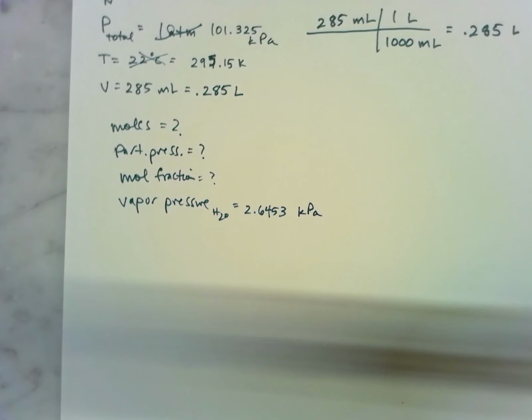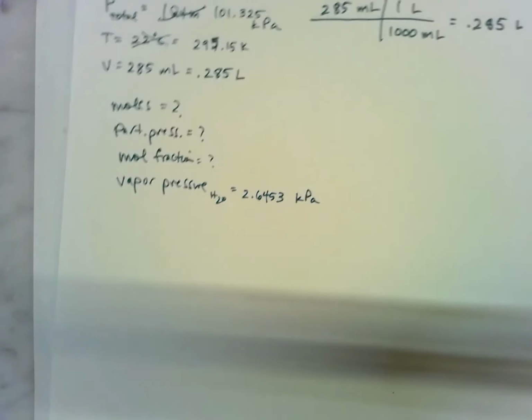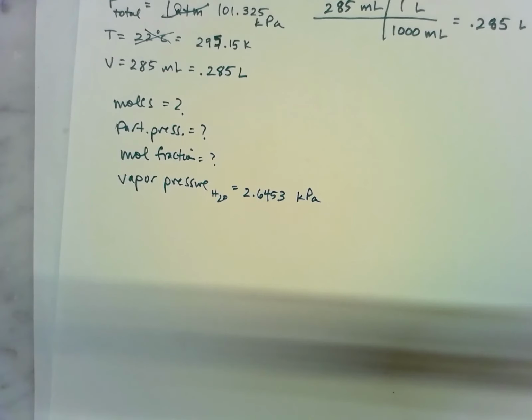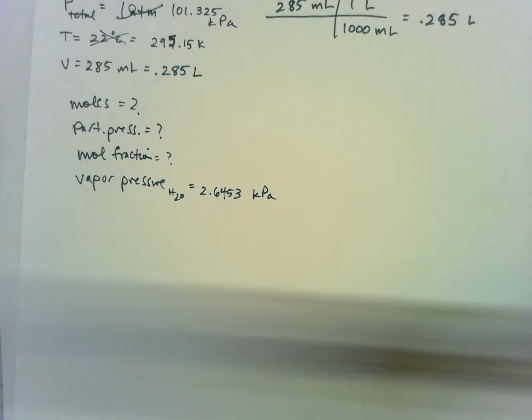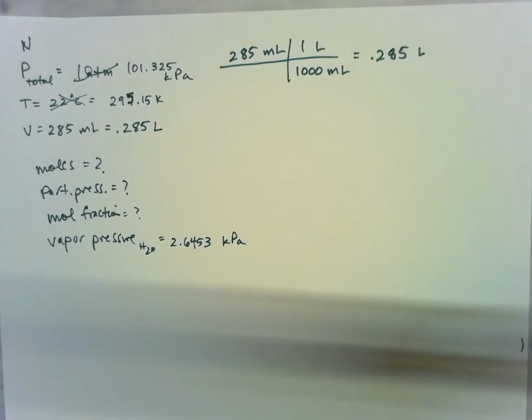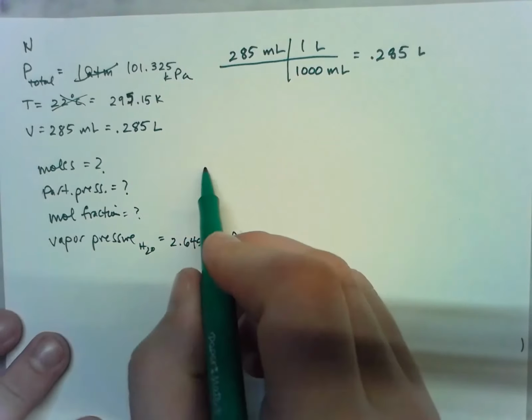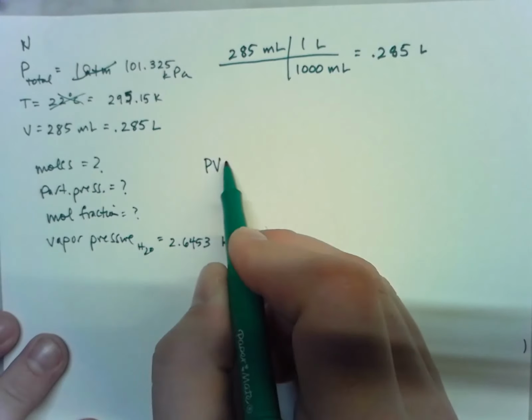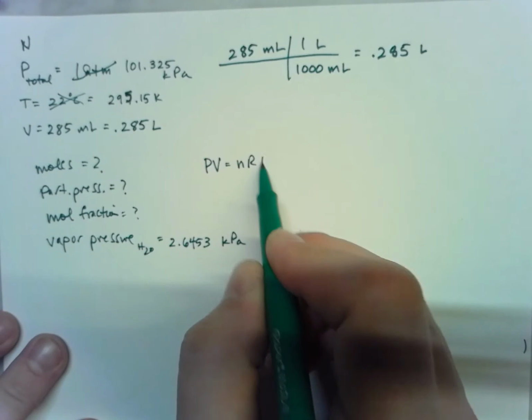All right. So now what do we do with that? Let's see. We need to do PV equals nRT.